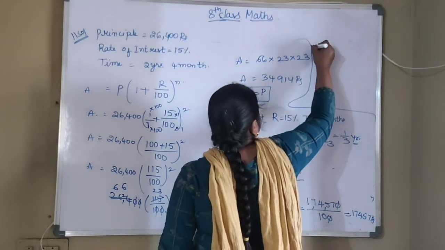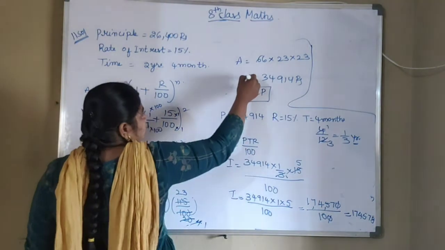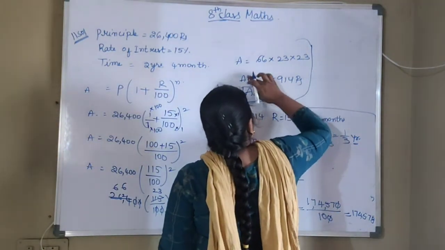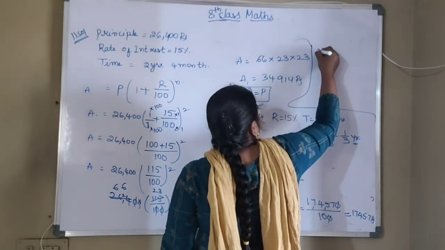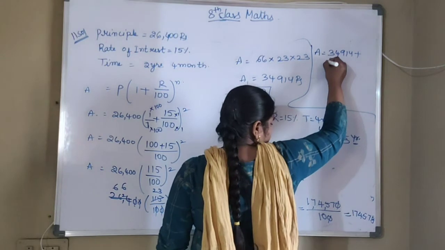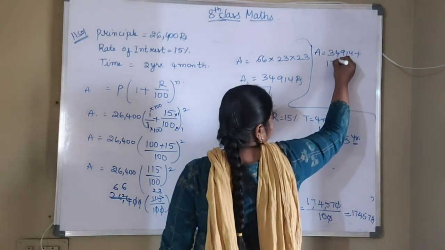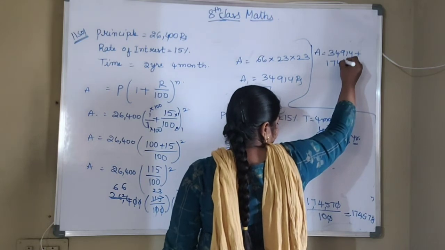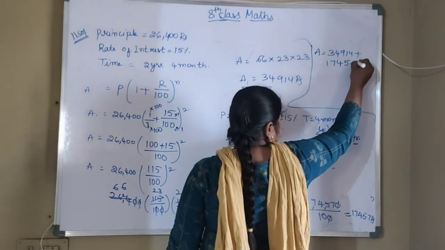Total amount, how much does she have to pay? This is A1 and this is A2, the interest value. So here the amount is equals to 34,914 plus 1,745.7 rupees.